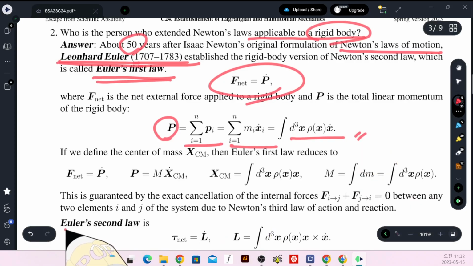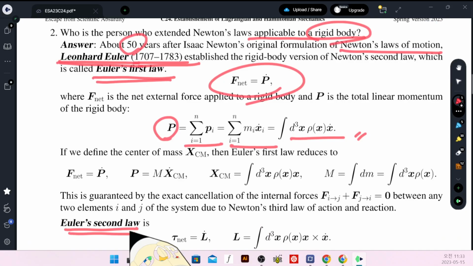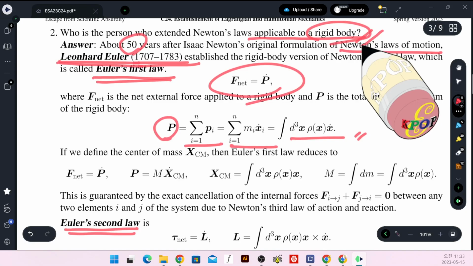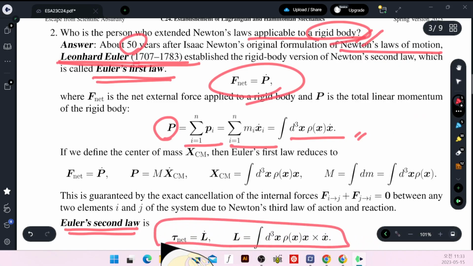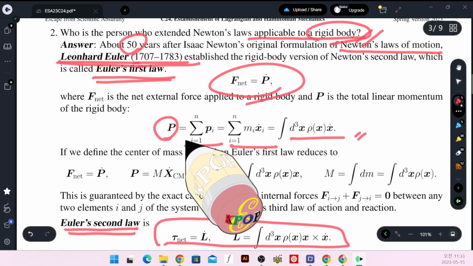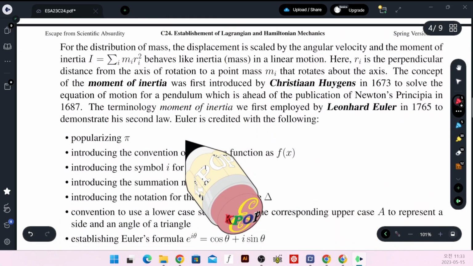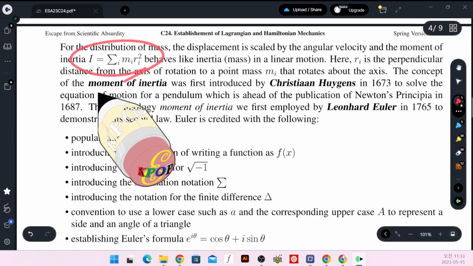Euler has another law, Euler's second law, that is the rotational version of Newton's second law applied to a rigid body system. So we have to thank Euler for the construction of realistic mechanics theory applicable to rigid body motion. And we are all familiar now with the rotational inertia or moment of inertia.